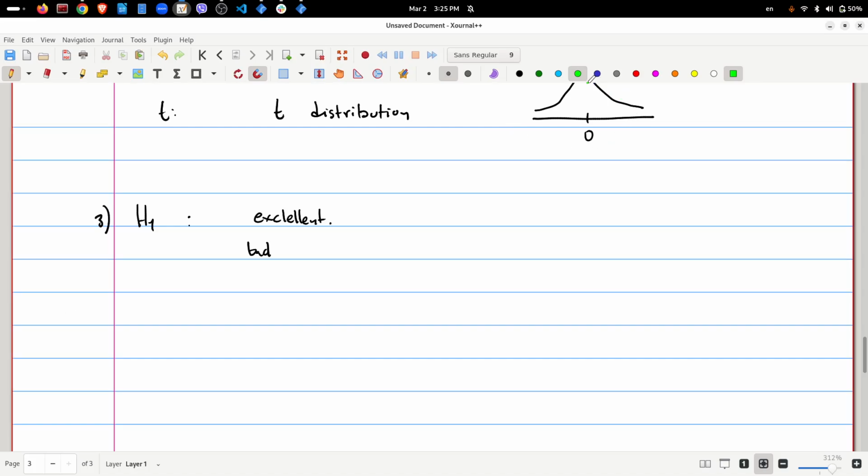And the special case is when the claim is that the observation is something different than is described by the theoretical distribution. Let's say that the observation is here.